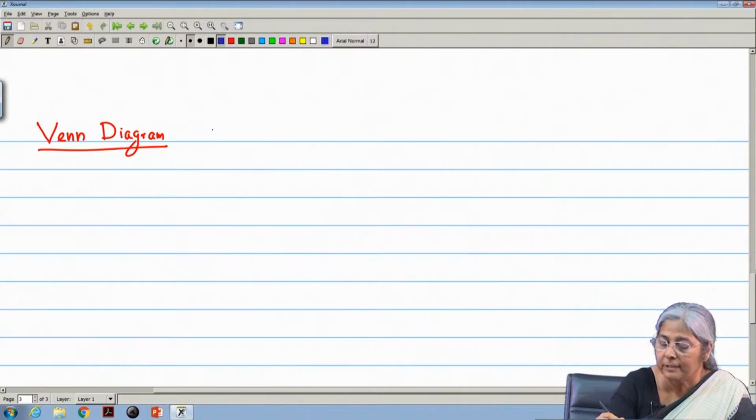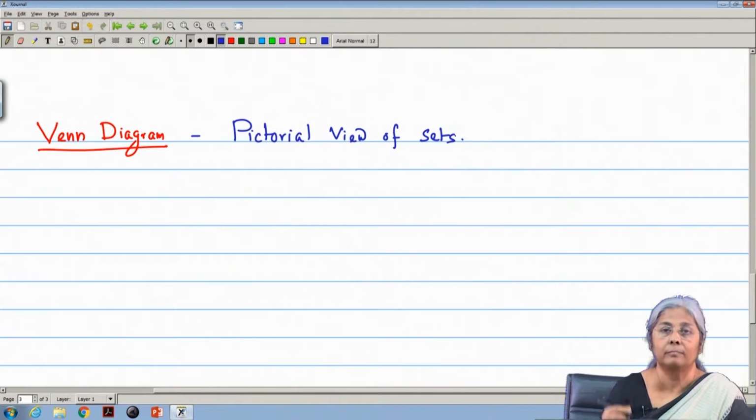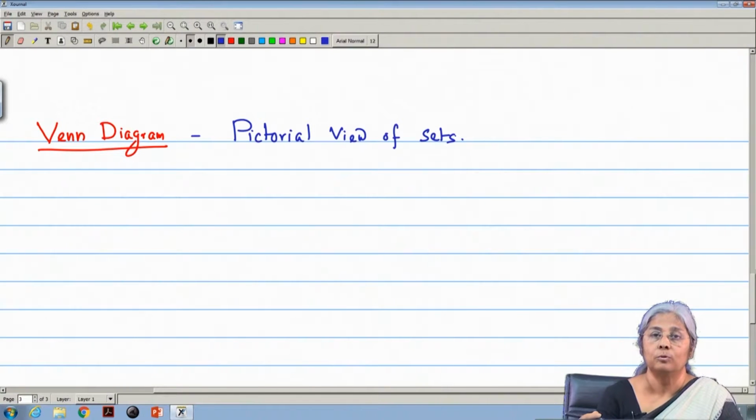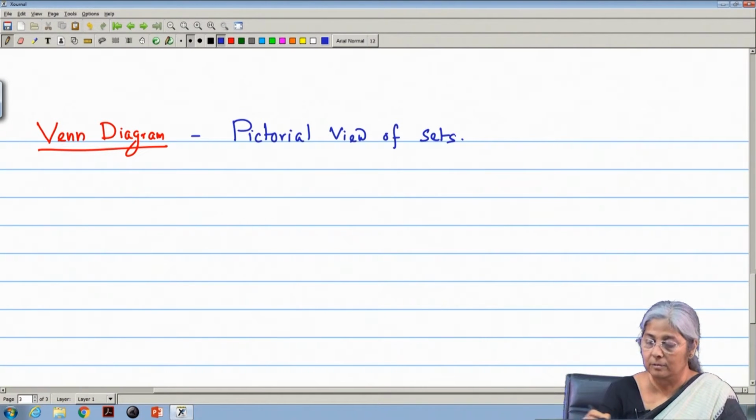So, we define the Venn diagram as a pictorial view of sets. It is an aid or tool to work on sets and the different operations of sets. Okay.